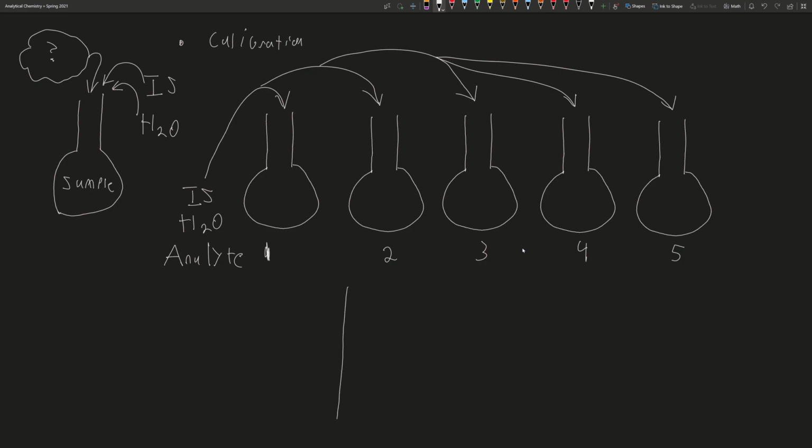And we will place the analyte in here as such.